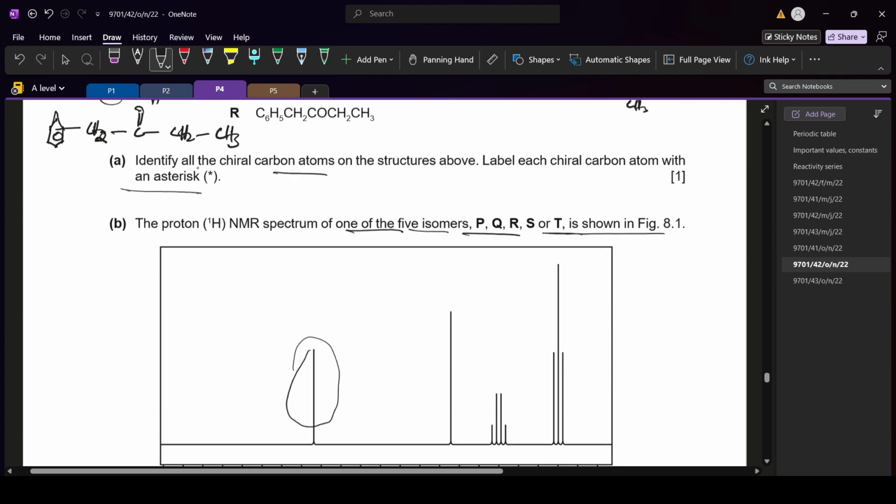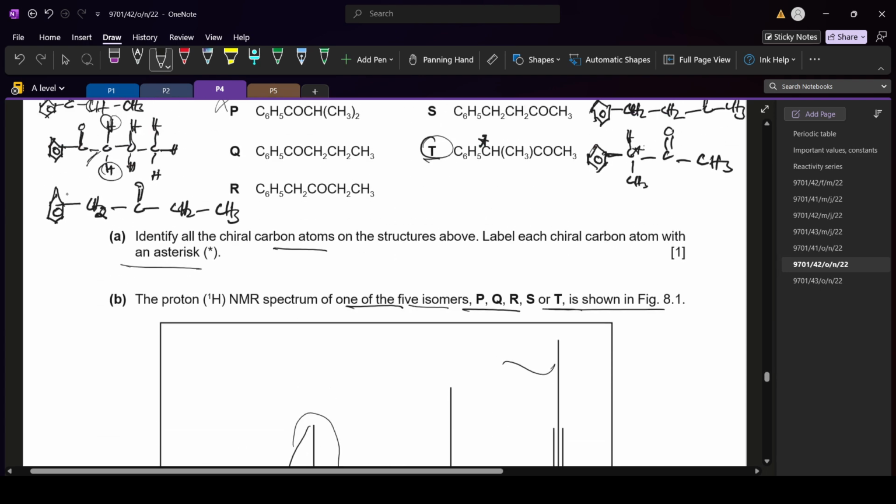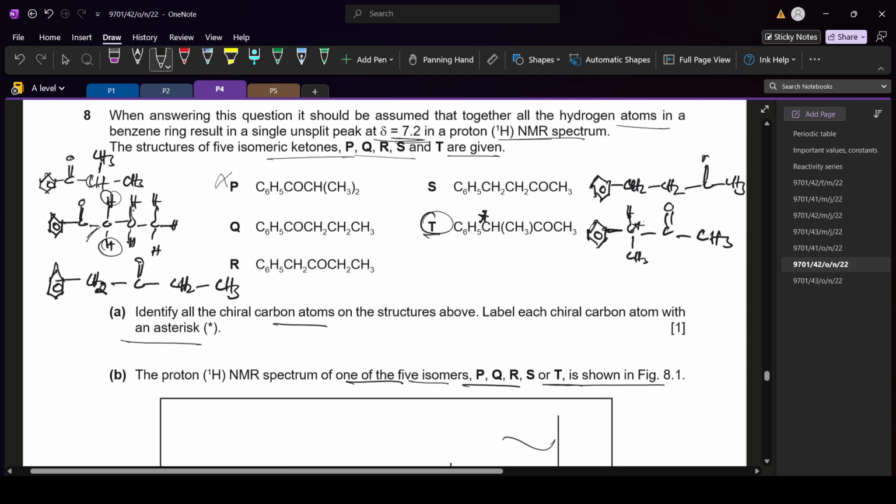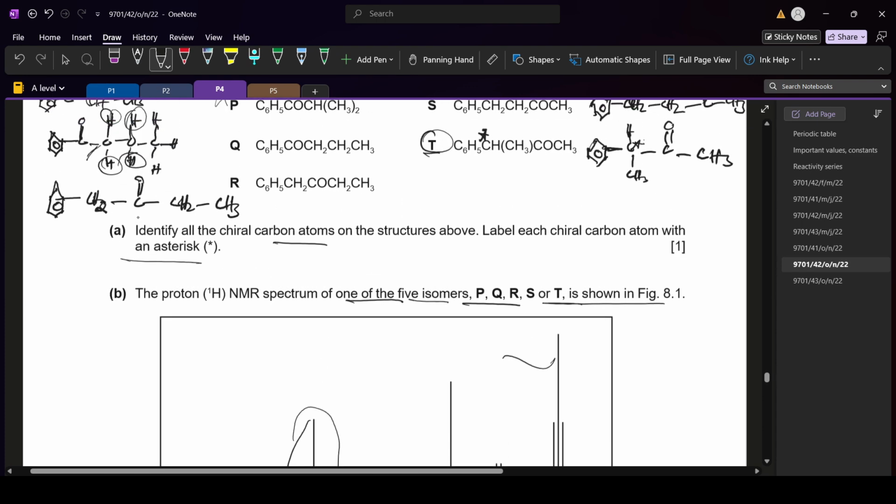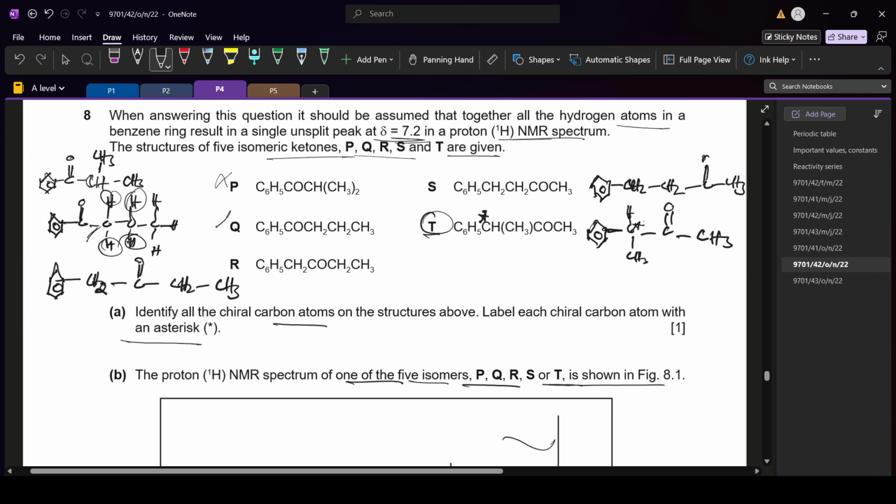Also, you must have a multiplet, but there is no multiplet over here, so this won't be Q.